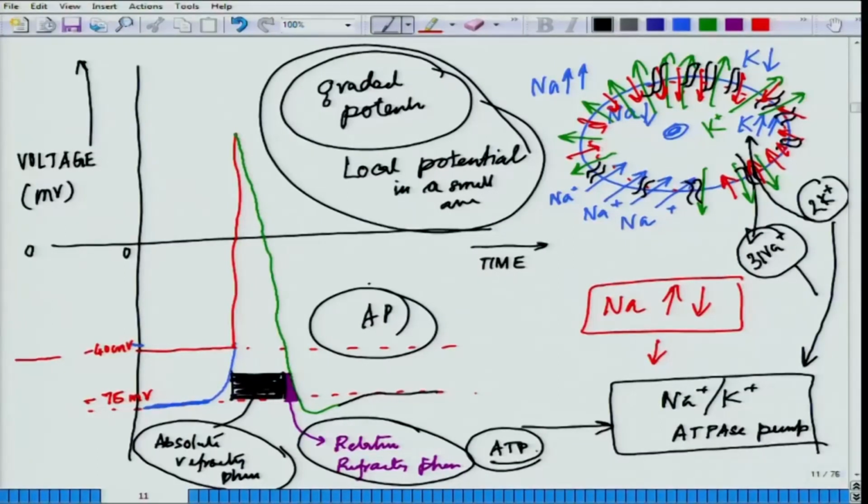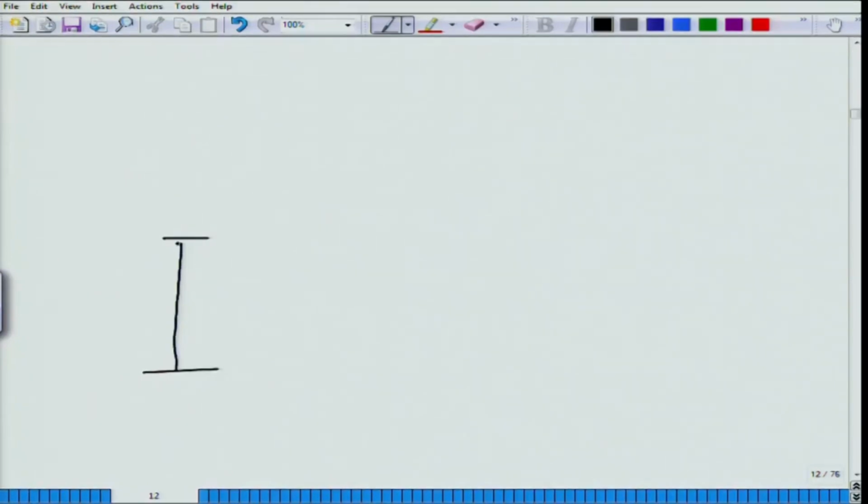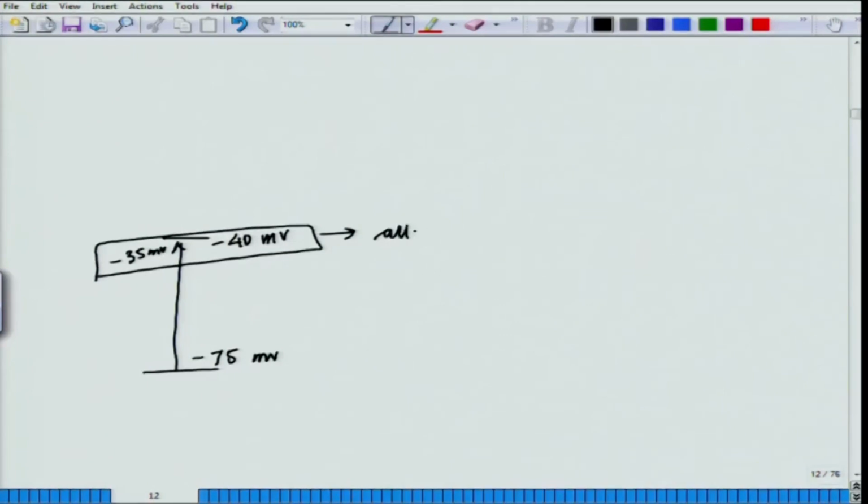So, in order for the action potential to become all or none, you have to cover that barrier from say minus 75 millivolt to minus 40 millivolt or minus 35 millivolt. This is the zone where all the voltage gated sodium channels get activated.